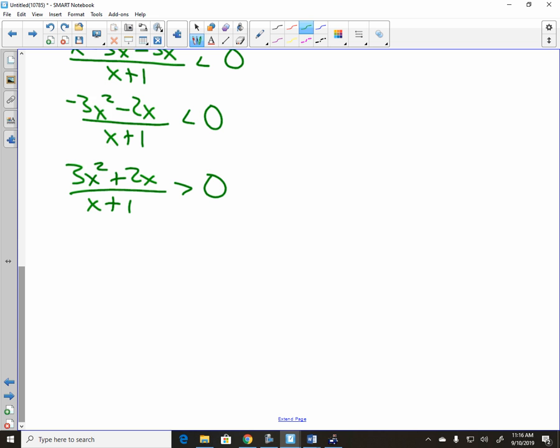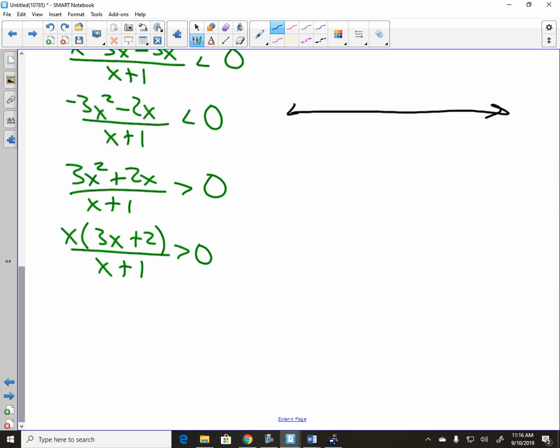Okay. Now what? You do factor out the x. This is now written in factored form. What are they? Okay.